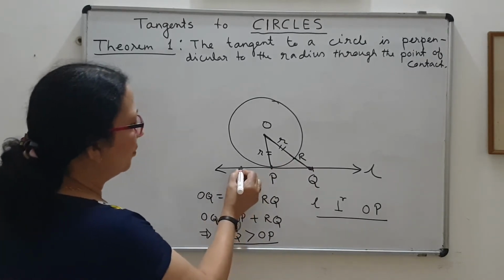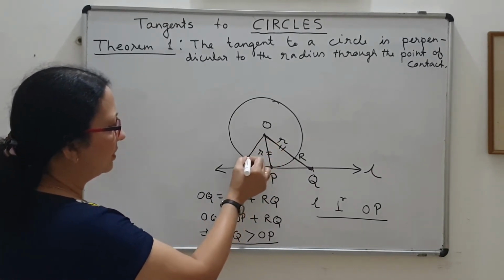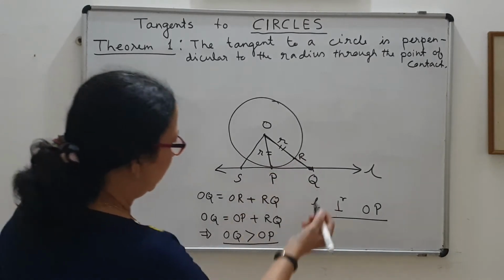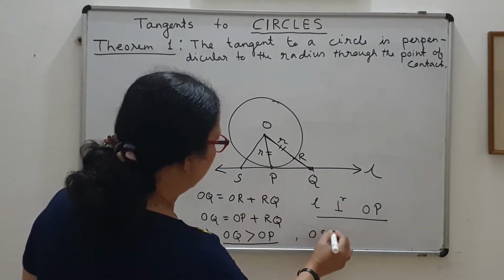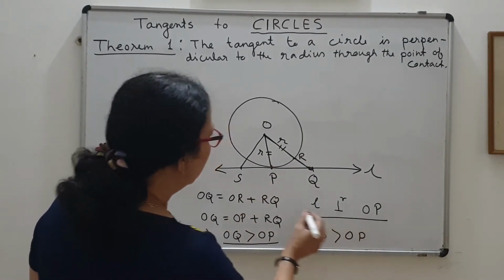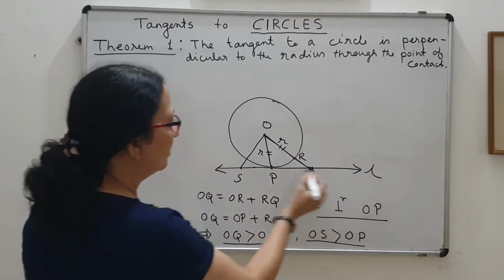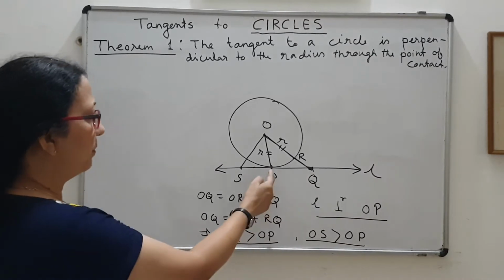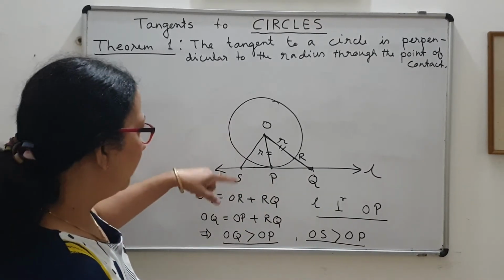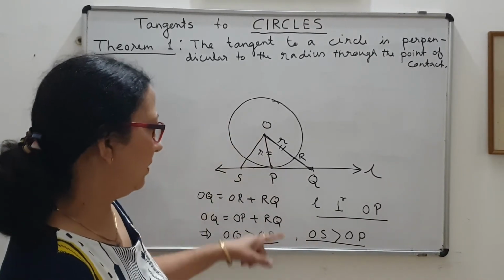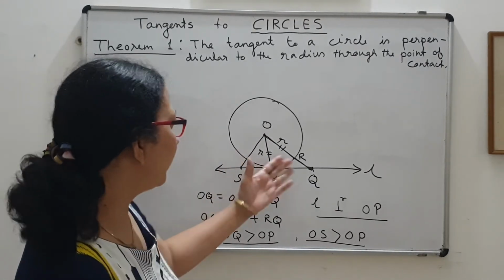Let us take any other point, say S. With the same reasoning, I can say that OS is also greater than OP. So this will be true for any point lying on the tangent other than the point P. All will be greater than the OP, because all the points are lying outside the circle.